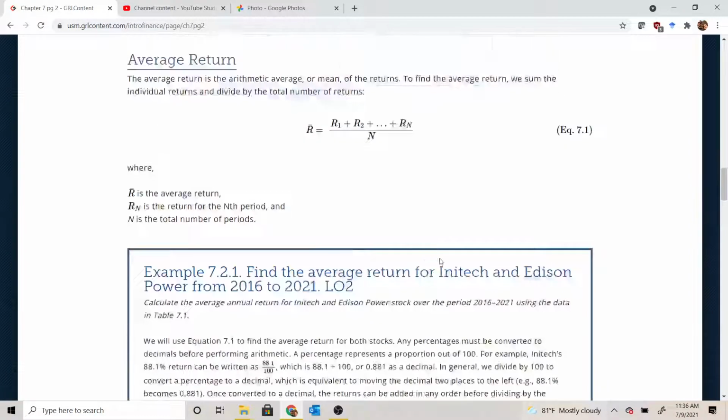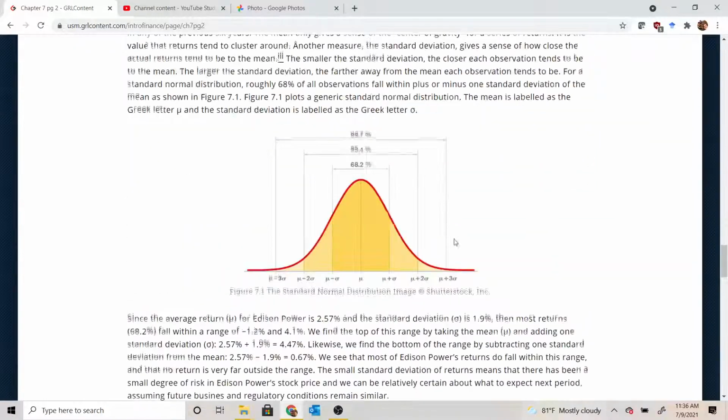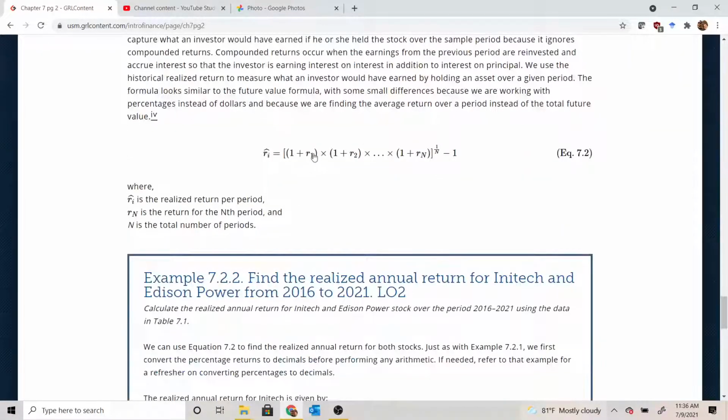All right, so we have to account for that compounding to measure our actual return, and that's what happens when we take each return, add it to 1, and then multiply it by the next return, added to 1, and so on. Now, if that's all we did, that would give us just a total compounded return over the 6-year period.